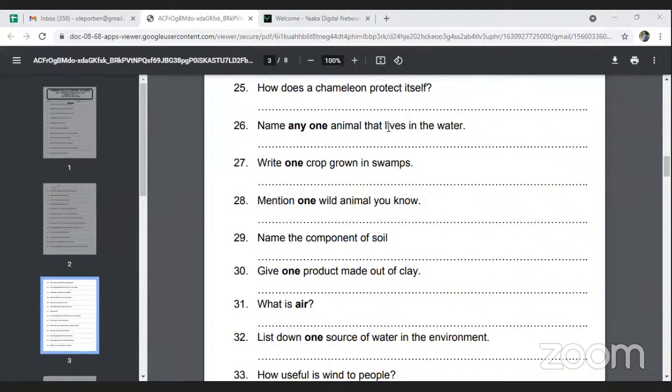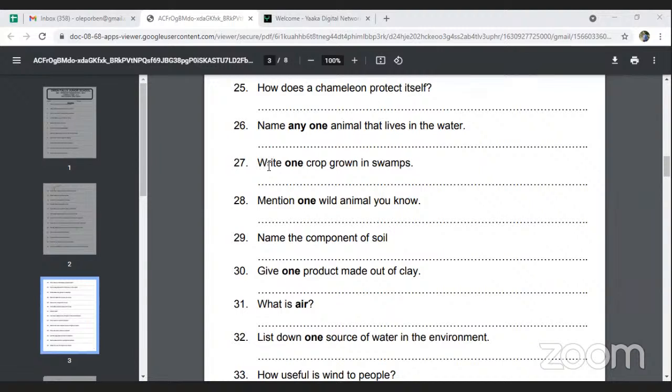Because these questions I'm reading, it is a matter of you looking at your screen and also seeing the questions. Fish. Shark. Fish, another one. Shark, correct. Another one. Jellyfish. Jellyfish and others. Crocodiles and so on.